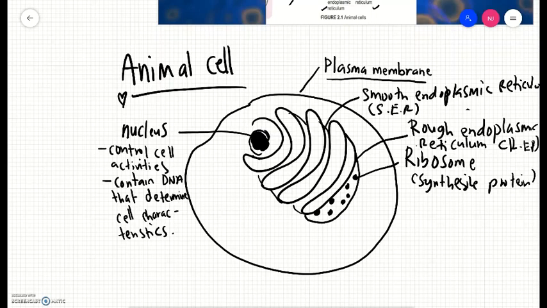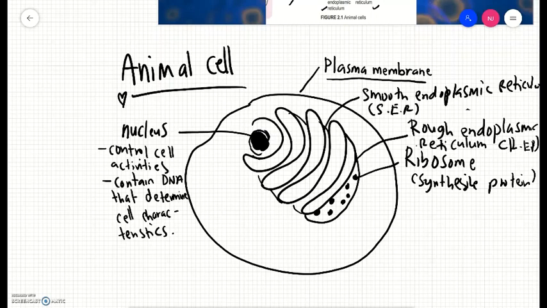It also carries out the detoxification of drugs and metabolic byproducts. So untuk senang ingat, RER to transport the protein, SER is to synthesize and transport glycerol and lipids.